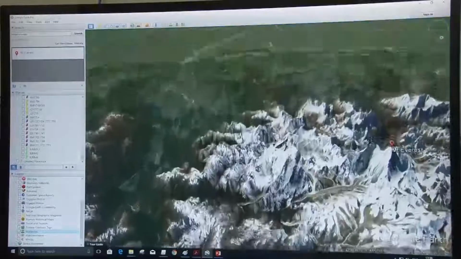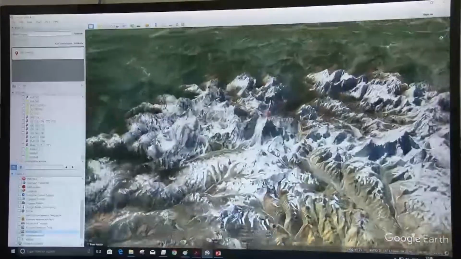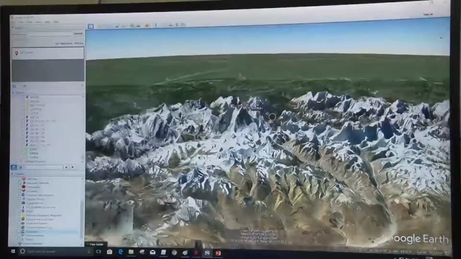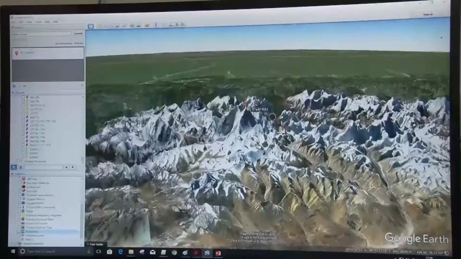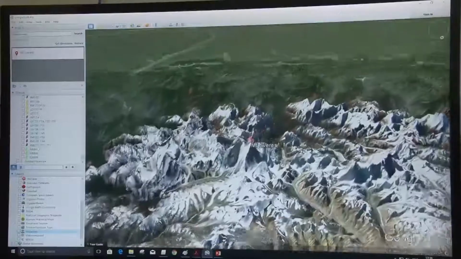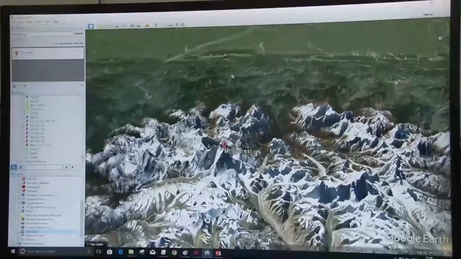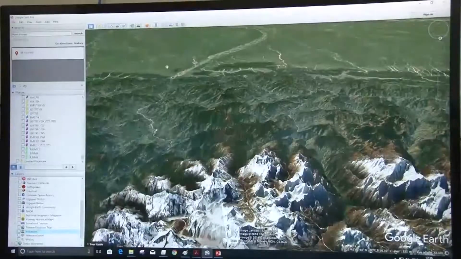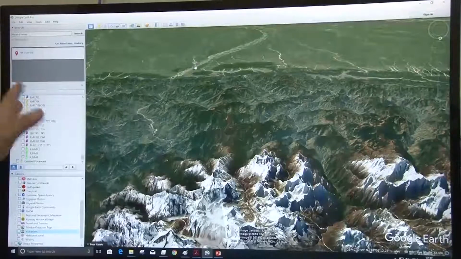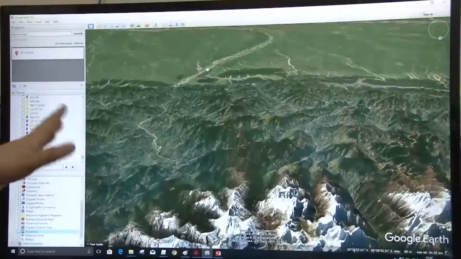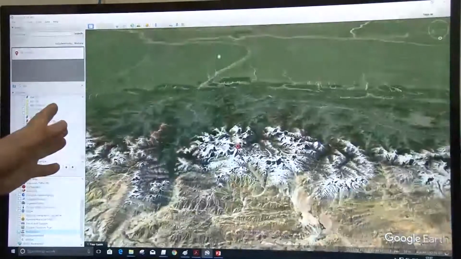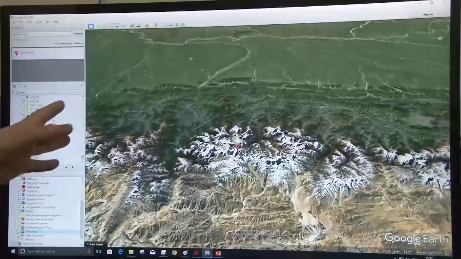So now you can see here we are looking towards the Indian landmass standing here at Mount Everest, and we can see different rivers, like this is the Kosi river, okay, which crosses the lands of Bihar and then joins the Ganga, the major stream, over here.